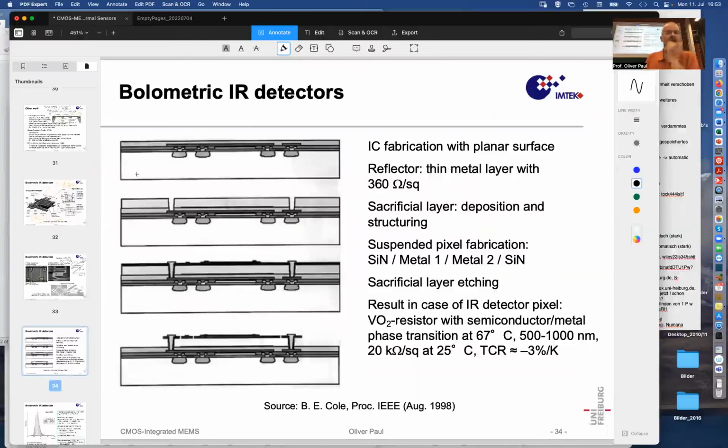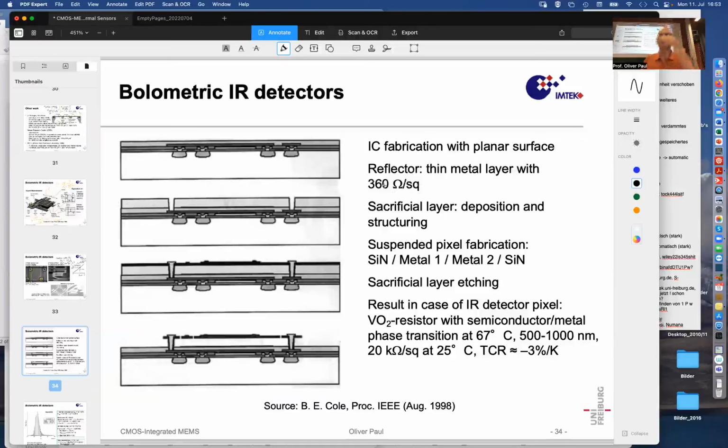This first example that I showed, you have here a silicon chip that has been completed in its CMOS fabrication with a planar surface. There is a passivation layer, and then some sacrificial polymer is deposited. Before that, actually, a little reflector, a metal reflector, maybe platinum or gold, with a sheet resistance of 360 ohm per square is deposited.